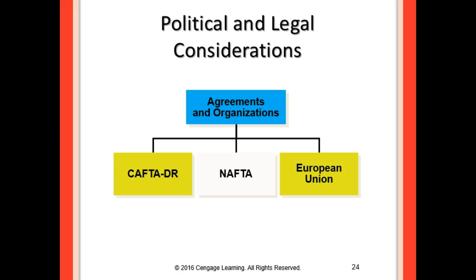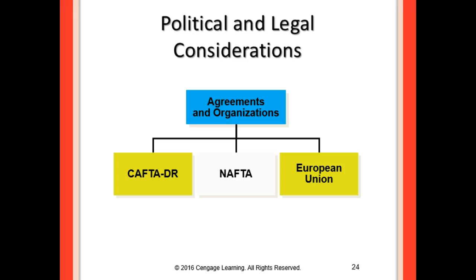It began in 1993 by 12 member countries in Europe. Currently it has 27 different members. This is just where the different countries, they don't always see eye to eye.